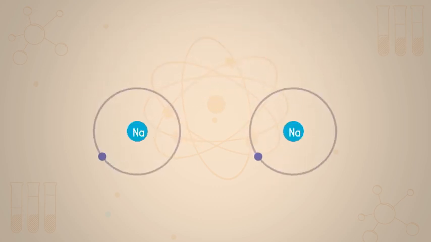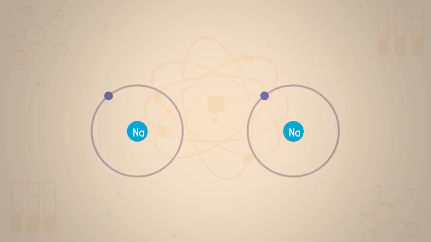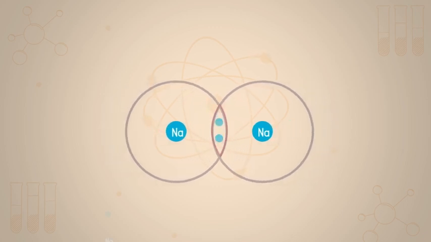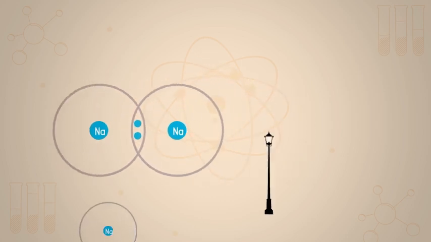We will now consider 2 metal atoms which approach each other. As these sodium atoms approach, their electrons overlap and a molecule will form because there's plenty of room in their outer shells. Such molecules do actually exist, for example in sodium vapor streetlights.